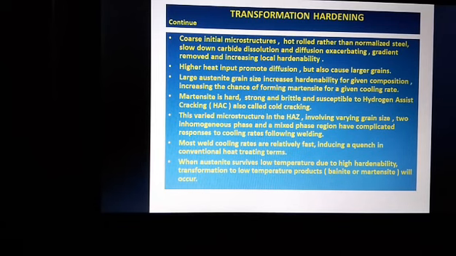This varied microstructure in the HAZ, involving varying grain size, homogeneous phase and mixed phase regions, has a complicated response to the cooling rate following the weld. Most welding cooling rates are relatively fast, inducing a quench in conventional heat treating terms. When austenite survives to low temperature due to its hardenability, transformation to a low temperature product, bainite or martensite, will occur.